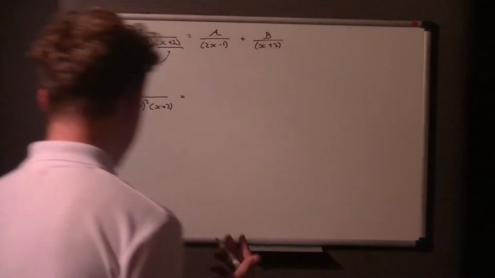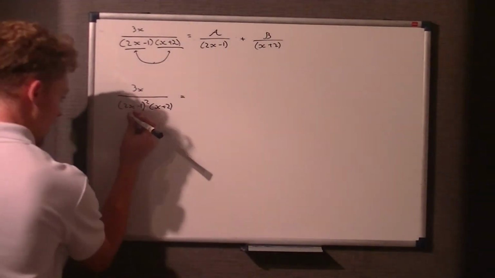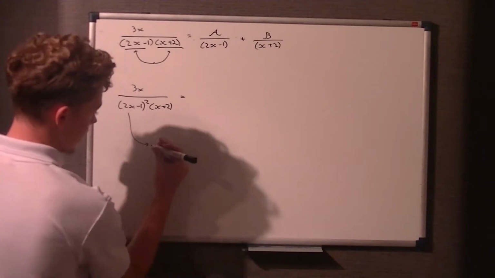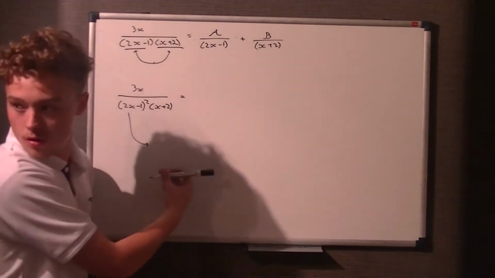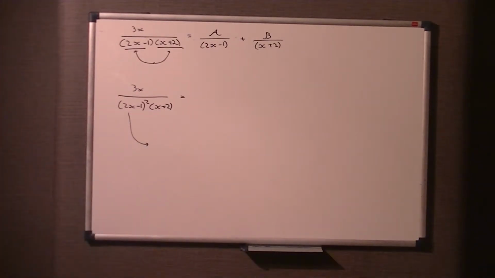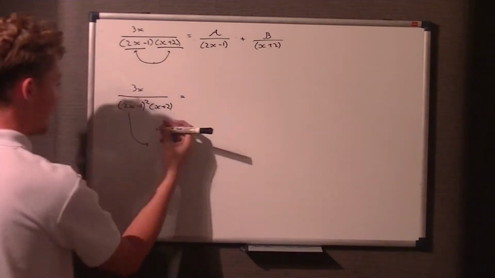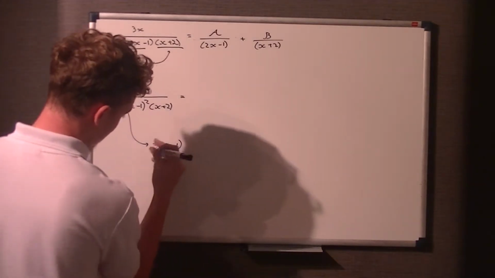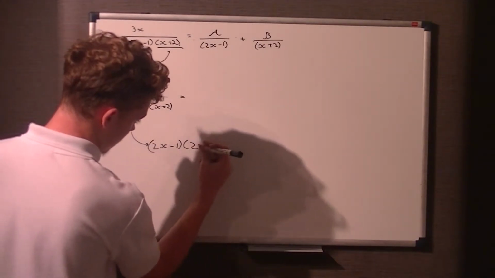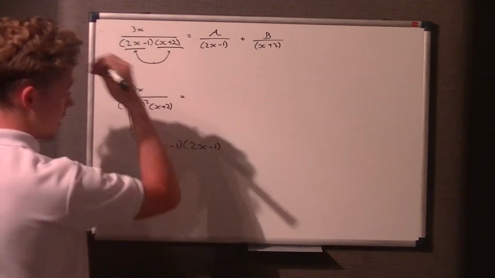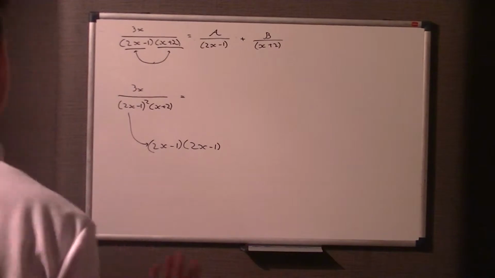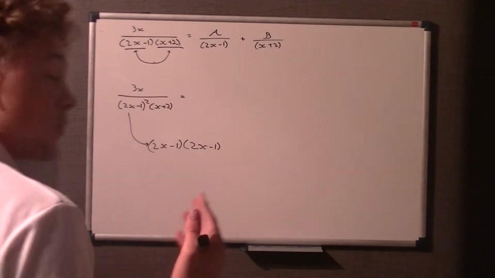Okay, so what is 2x take 1 squared? Without expanding it, what it actually looks like, 2x take 1 squared is 2x take 1 times 2x take 1. It's just itself squared.